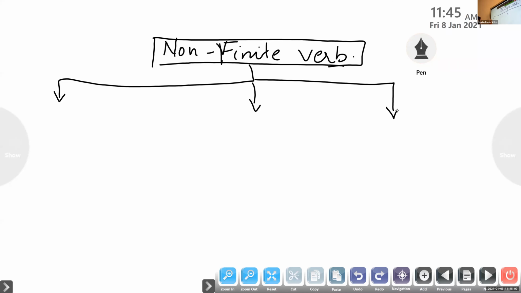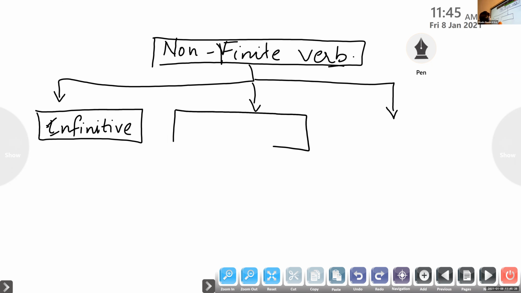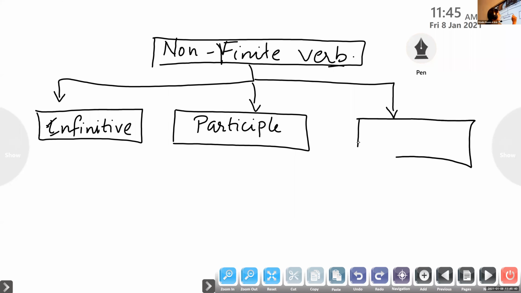The first one is called infinitive. The second one, this word is very familiar, is called participle. The third one is a new term, which you will learn about in detail in 8th standard.